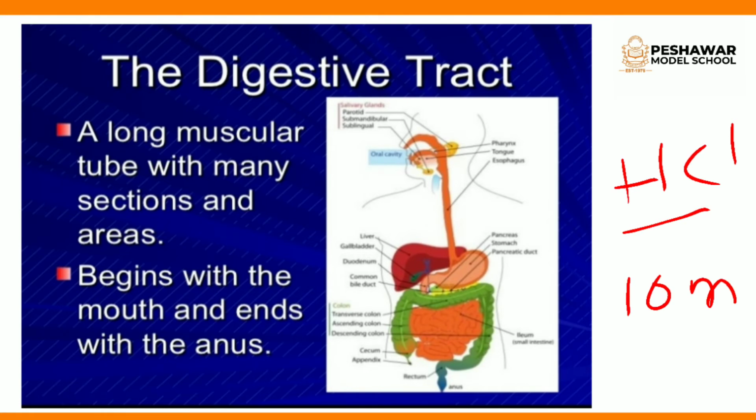So the small intestine is 7 meters long and 3 centimeters in diameter. Clear? So the remaining 3 meters is the esophagus, stomach, and the large intestine. Clear? Out of 10 meters, 7 meters is the small intestine. Okay.